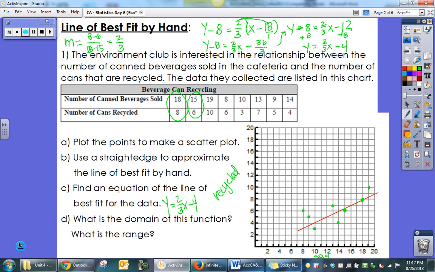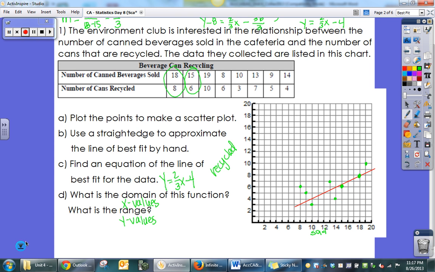And then let's talk about the domain and range. Remember, domain is all possible x values, and the range is all possible y values. When I look at this table and this scatter plot, one thing to note is that this is a discrete function. I've got these individual points that make up my scatter plot, and to connect them wouldn't make sense because it's not continuous.